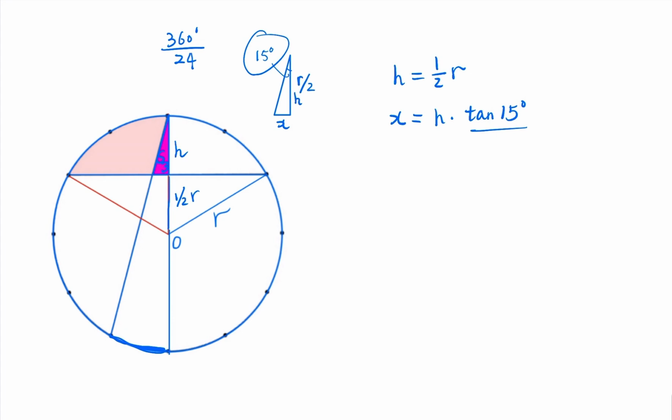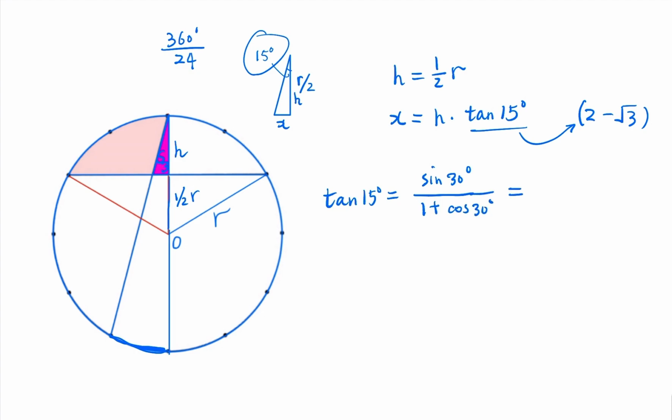What is tangent of 15 degrees? If you go with competitive math, you should know this is 2 minus square root of 3. Why? By the half angle formula, tangent 15 degrees equals sine 30 degrees over 1 plus cosine 30 degrees.